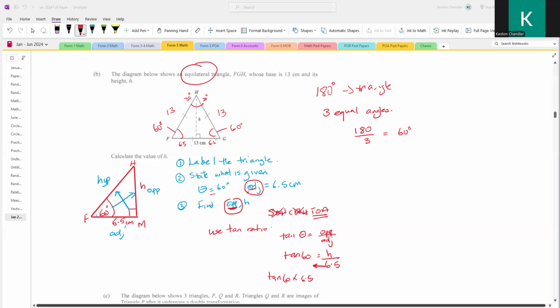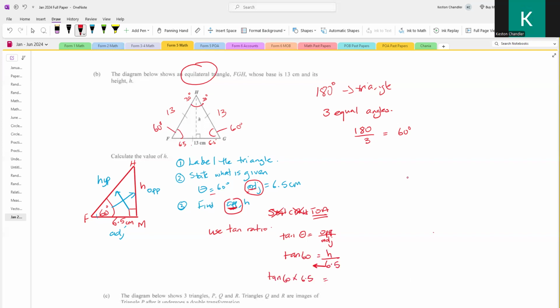Let's work that out. Tan 60 multiplied by 6.5. That's going to give me 11.25 centimeters, and I could say to 2 decimal places.